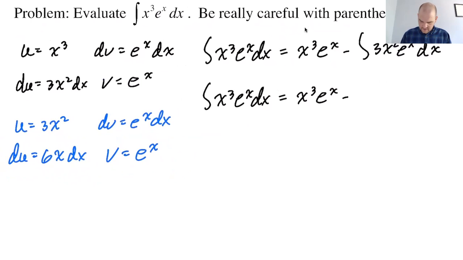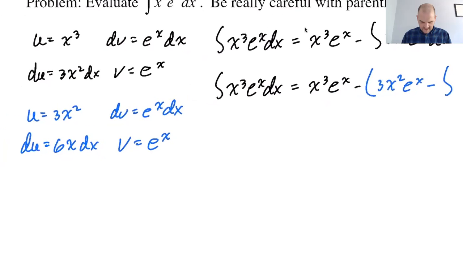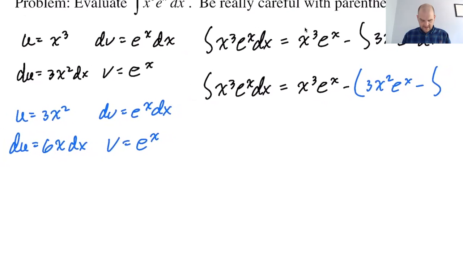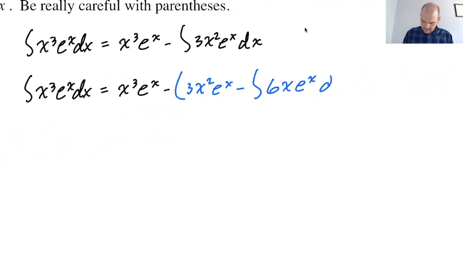Okay, uv, so 3x squared e to the x, minus the integral of v du, so 6x e to the x dx. And let's close that parenthesis.